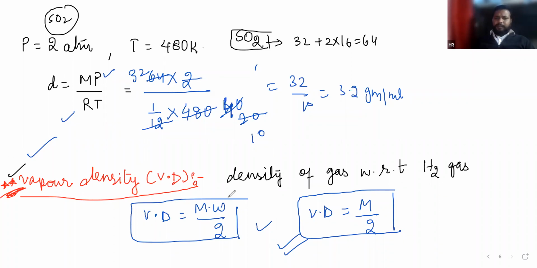This is the same molecular weight, or you can write molar mass. Okay. Molecular weight or molar mass. Find vapor density of O2.